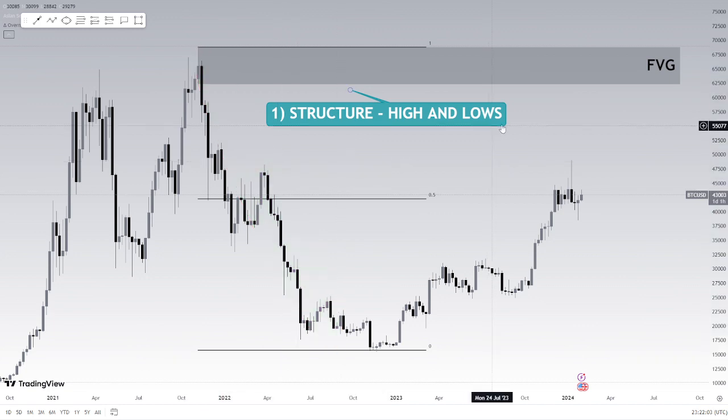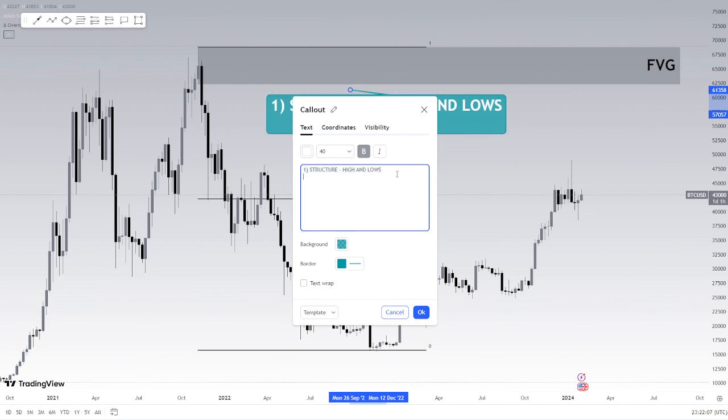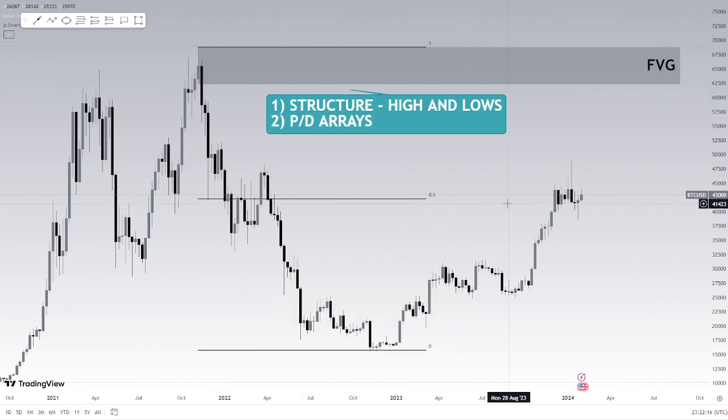The second thing we looked at is our premium and discount arrays, or PD arrays for short. Is price heading towards a premium? Is price heading towards a discount? Now from here in this region, we are at the equilibrium, right?